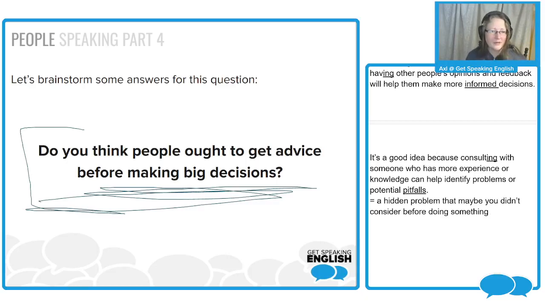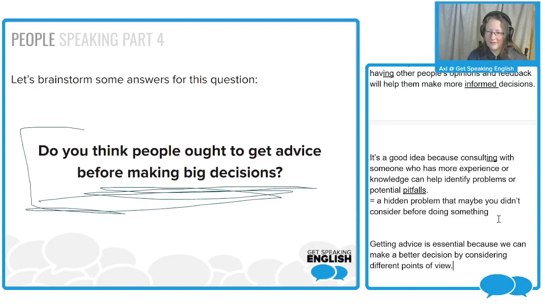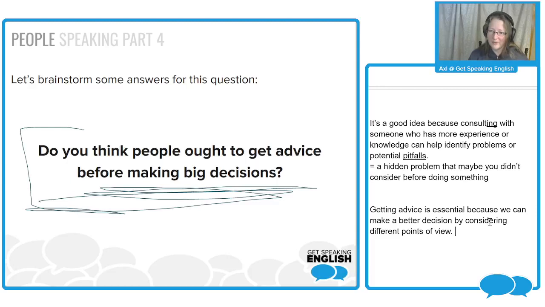Let's see here. Yeah, so getting advice. Advice is essential. So really important because we can make a better decision by considering different points of view. Exactly. Yeah, so that's a great idea as well.